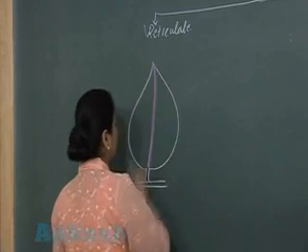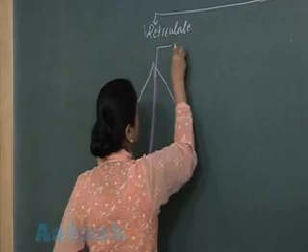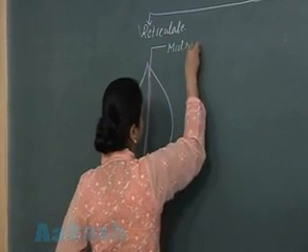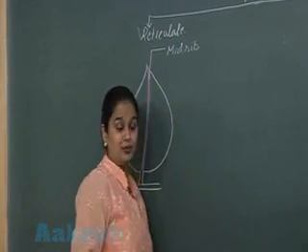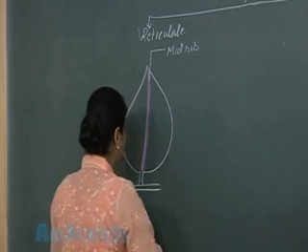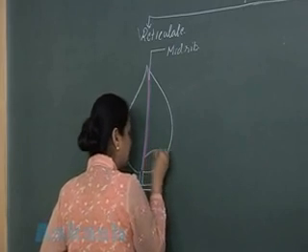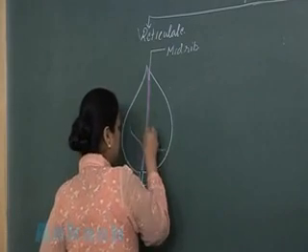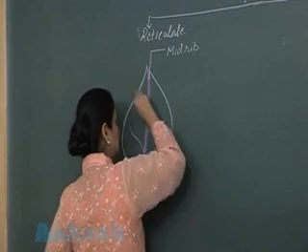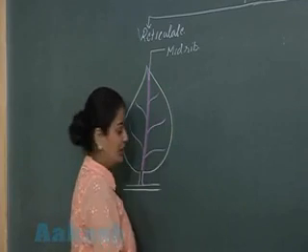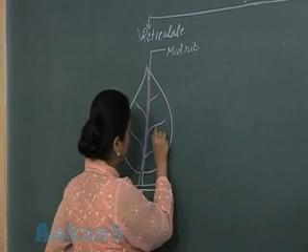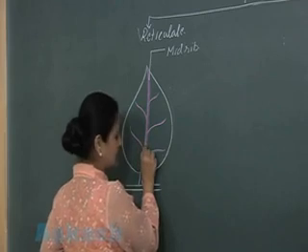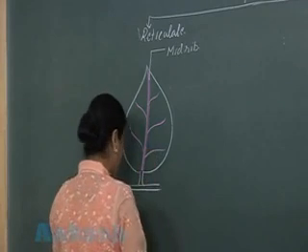So you know that the main vein is known as midrib. जो midrib है इससे arise हो रही है lateral veins. So you can see here from the midrib, the lateral veins are arising, and the thickness of the lateral veins is lesser as compared to the main vein.